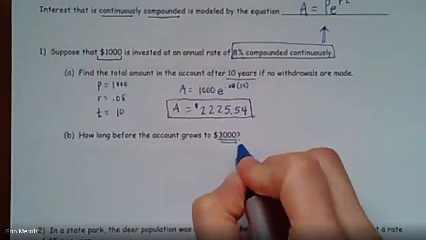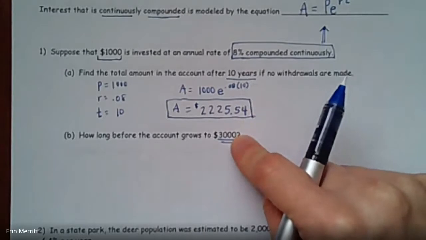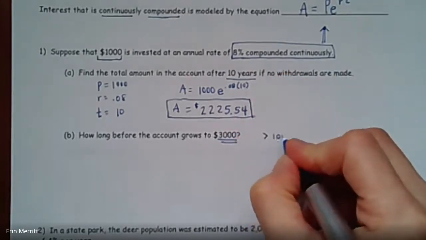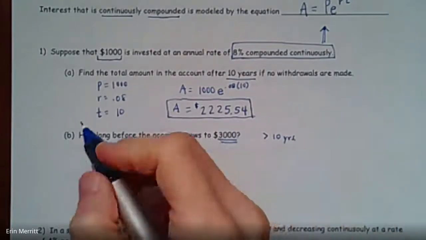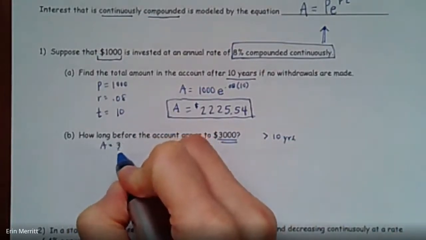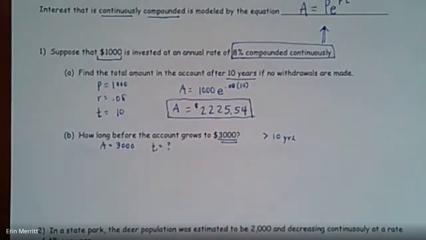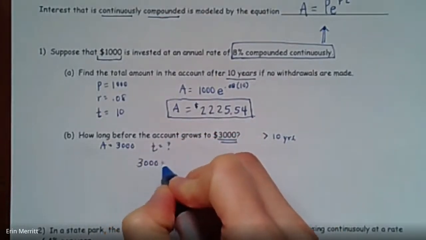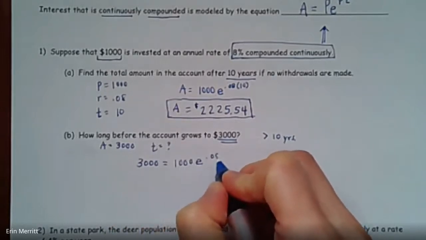Well, at 10 years, we're at 2,200 and a little more. So it's going to be beyond 10 years. We know that right now. It's going to be something greater than 10 years. And so if we want the A value to be 3,000, for what t value? Let's put the 3,000 on the left: 3,000 = 1,000 e to the 0.08t.